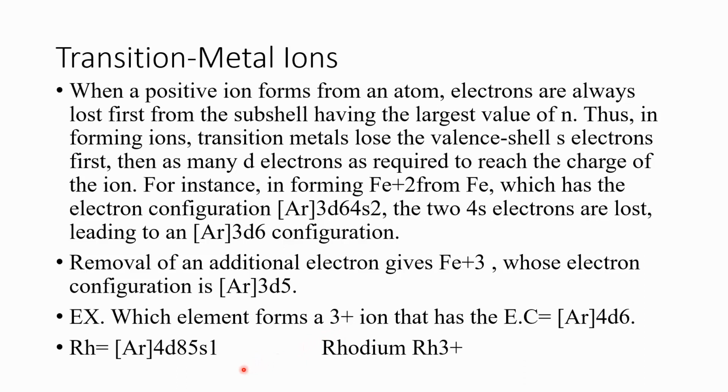You look in the periodic table, you find this element called rhodium. Rhodium has this electron configuration, argon 4d8 5s1. So it loses the electron that is found in 5s, and then 2 electrons from here to form Rh3+. And this is its electron configuration.